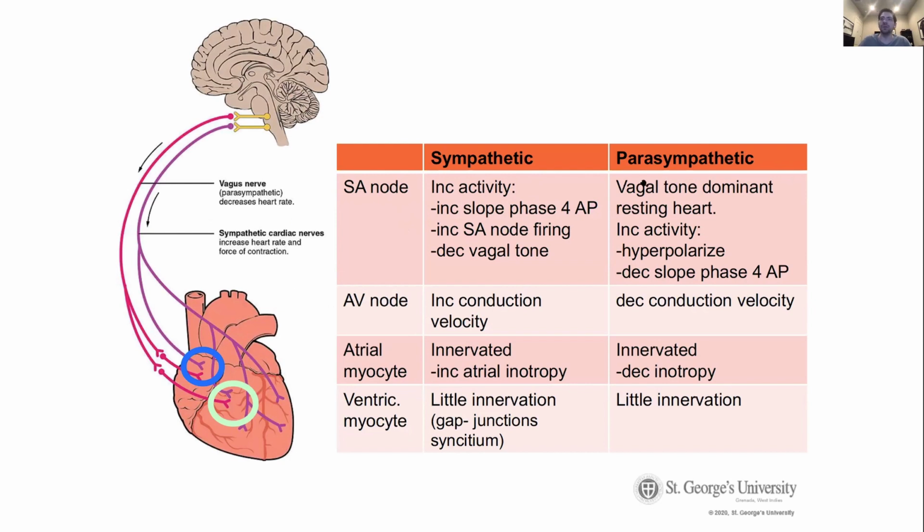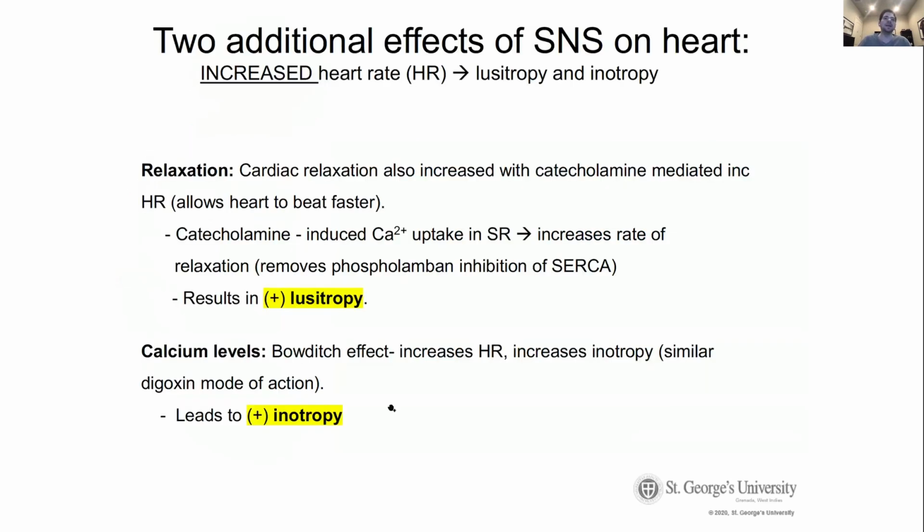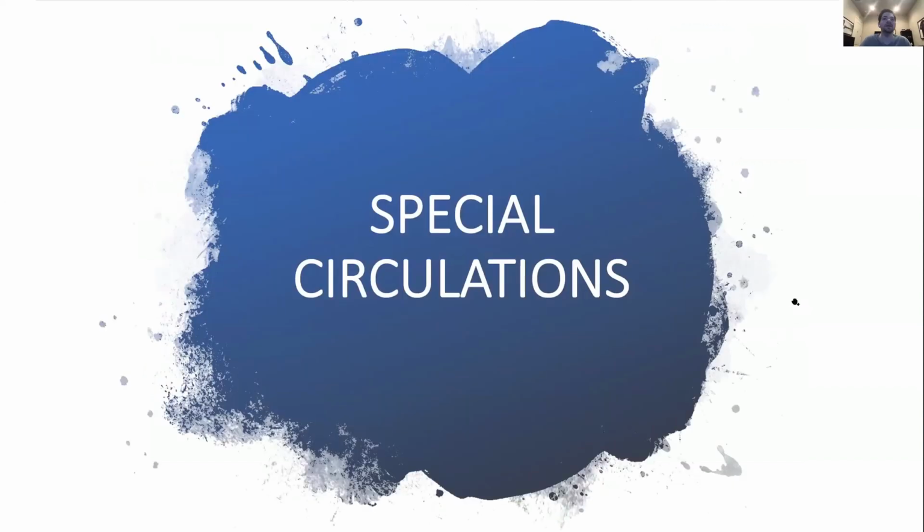Parasympathetics, vagal tone, remember the vagus nerve is a component of the parasympathetic, and it's going to decrease your heart rate. And then anything, like I said, especially digoxin is a good example, anything that's going to affect your calcium levels is going to affect your inotropy, right? How hard the heart can contract.